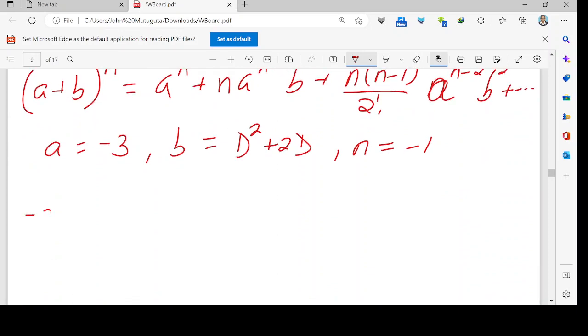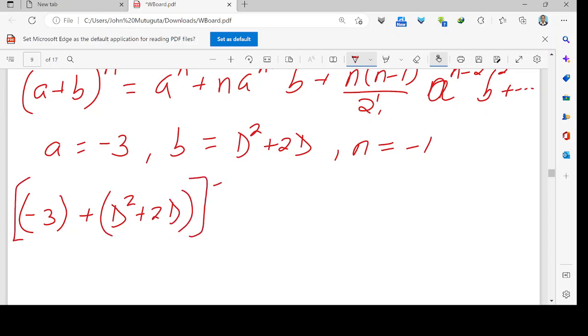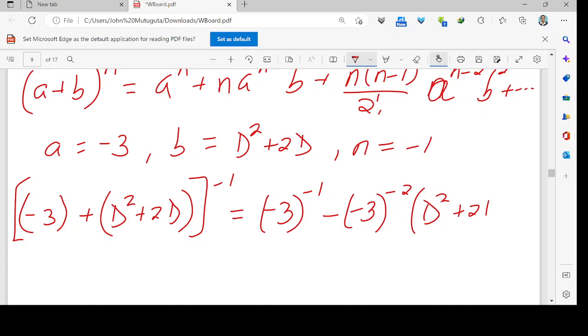So when we write minus 3 plus d squared plus 2d and raise this to the power of minus 1, we shall write minus 3 raised to power negative 1, then minus 3 raised to power negative 2 times d squared plus 2d. So we shall not go beyond that.